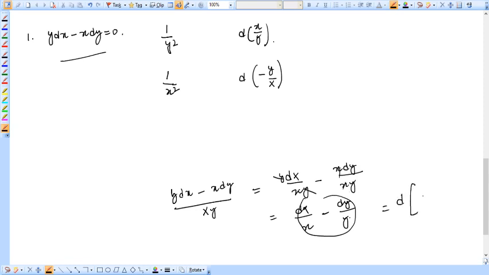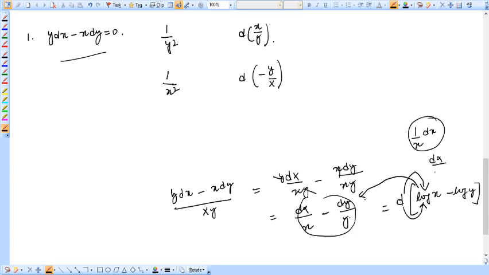as d of, the differential of log x minus the differential of log y, because it is equal to this. When you differentiate log x, it gives 1 over x dx, right?